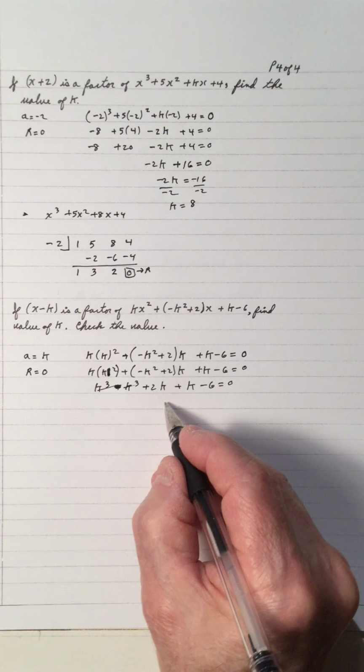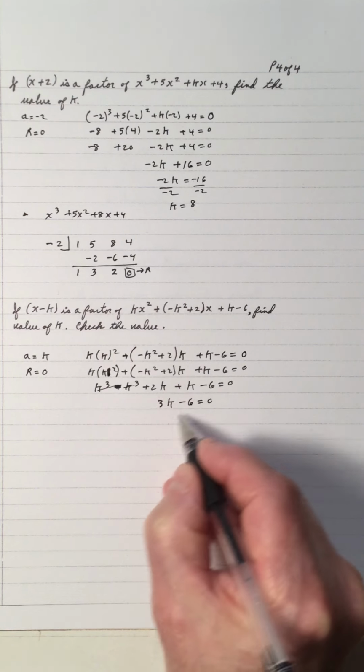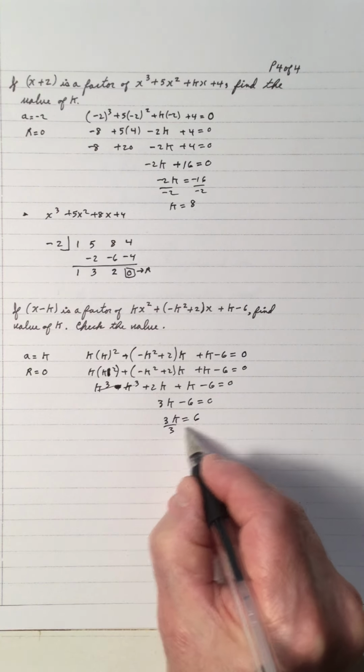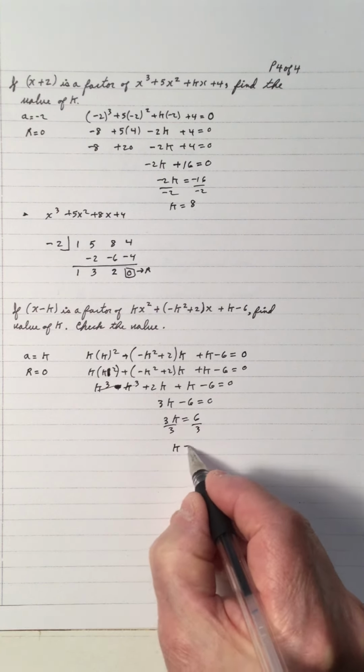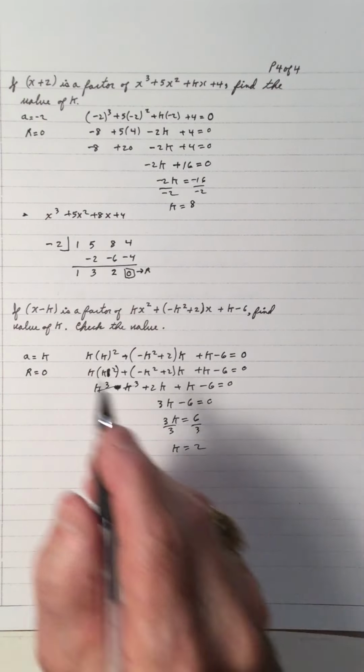And they cancel out. And 3k minus 6 equals 0. 3k equals 6. Divide by 3, and k equals 2.